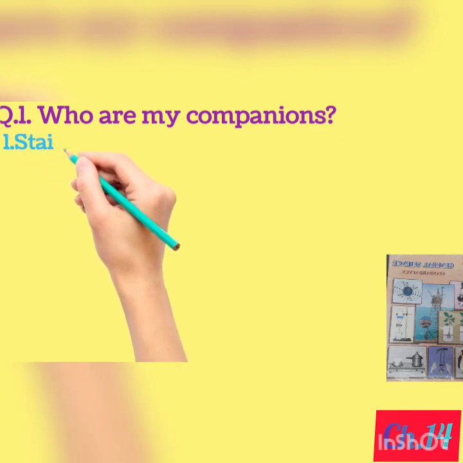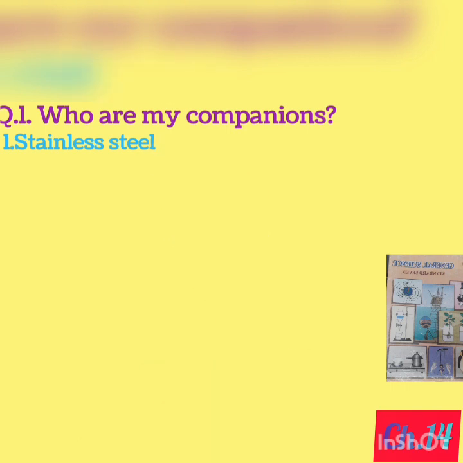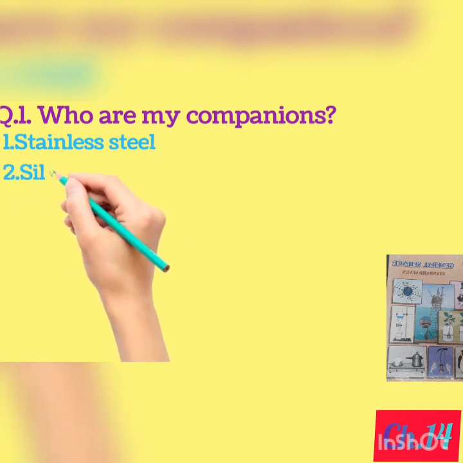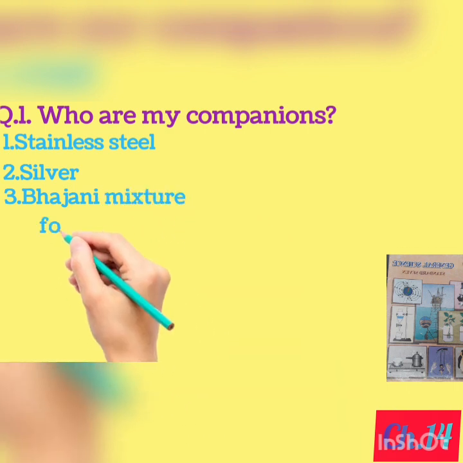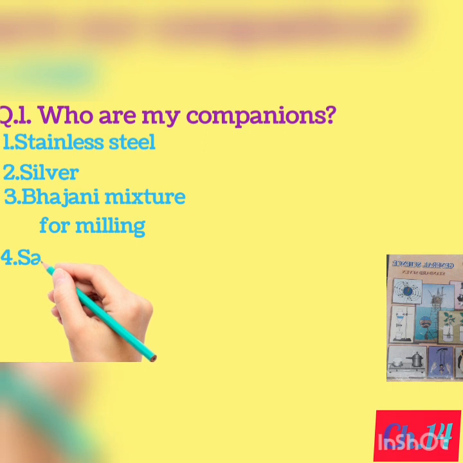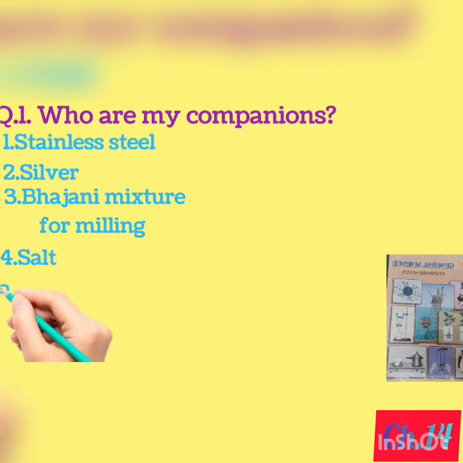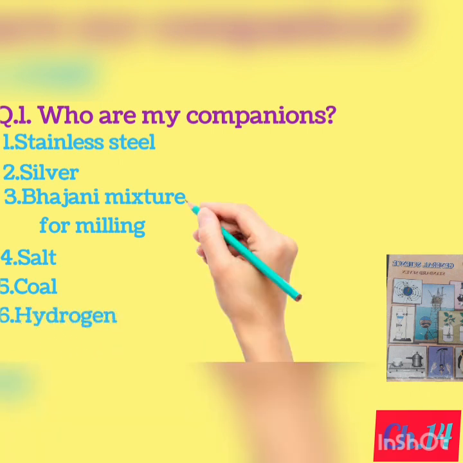Now, in that, group A has some things, those are given here. First is stainless steel, second silver, third is Bhajni mixture for milling, then salt, coal, and hydrogen.